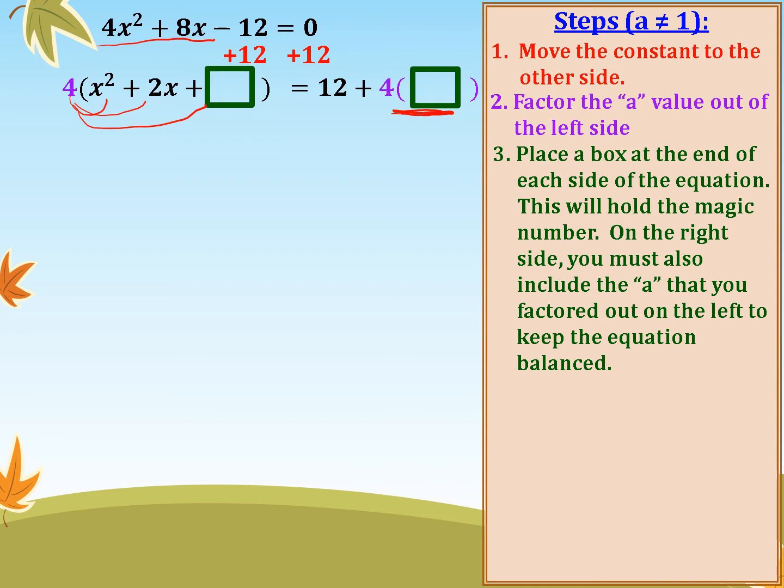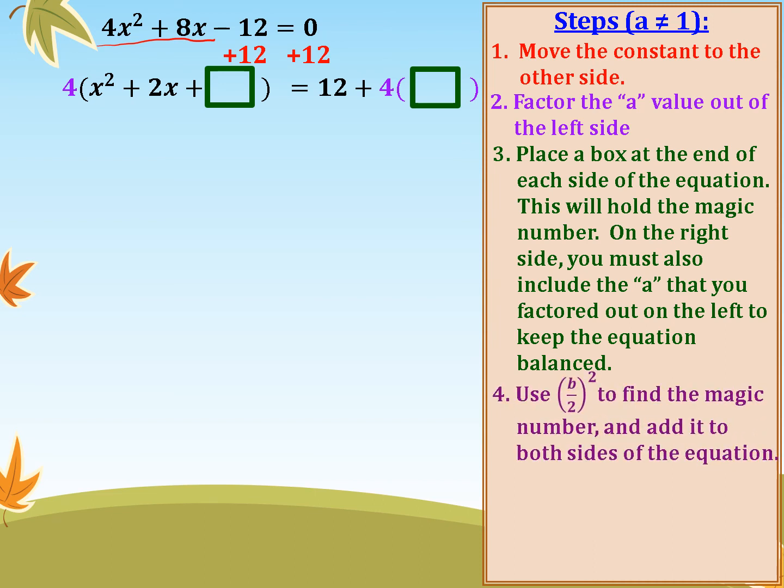So if I add 4 times the box on the left, I have to add 4 times the box on the right. That's a little change. If a is not equal to 1, after you factor a out, on the right hand side you're going to add a times the box, not just the box, so that we can remain equitable on both sides.